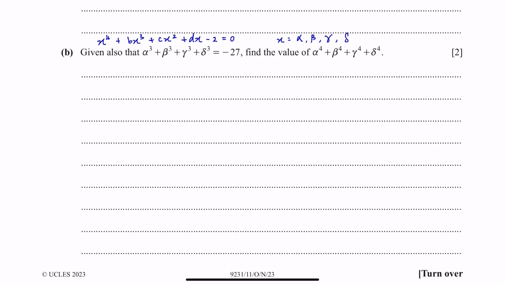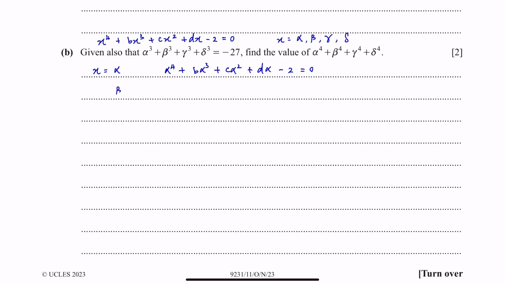When alpha is the root, we get alpha to the power 4 plus b alpha to the 3 plus c alpha squared plus d alpha minus 2 equals 0.